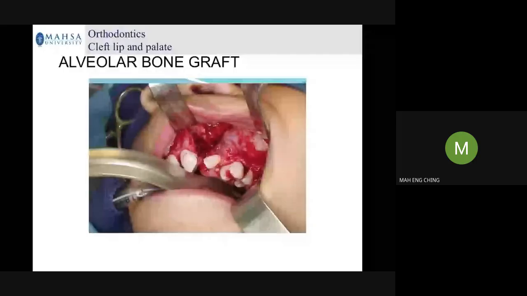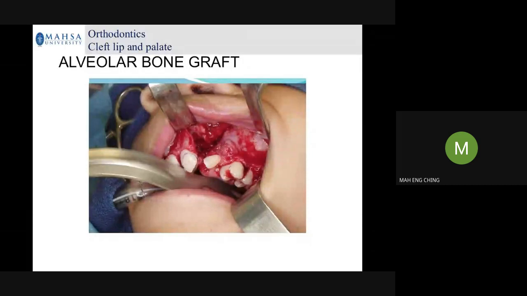Same thing, after they raise the flap, they see the defect, then they decide how much bone they're going to harvest. The bigger the defect, the more bone you need. After that, they pack this bone in nicely and cover the flap back. Then hopefully the patient's bone will stay. Whatever graft you do, we want it to stay. Sometimes the bone graft will resorb or disappear.